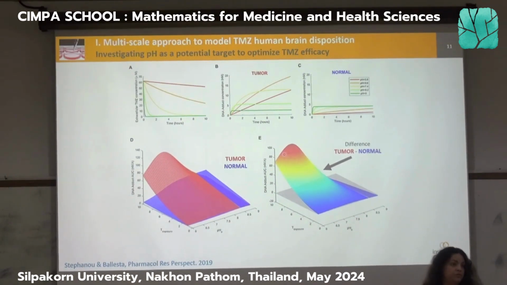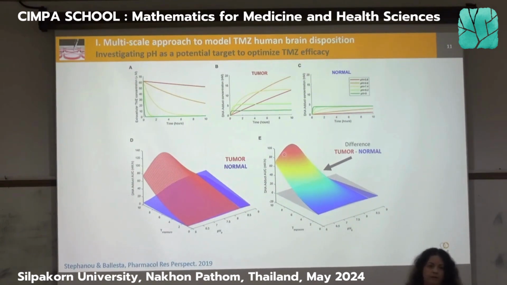And this is what you want to do, right? You want to maximize the difference between the effect on cancer and on healthy. So overall, what does it mean? It means that we could actually act on the pH to improve the efficacy of temozolomide in cancer cells without harming healthy cells.